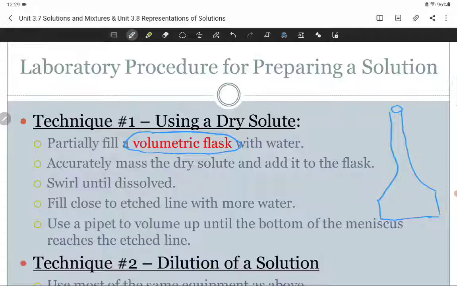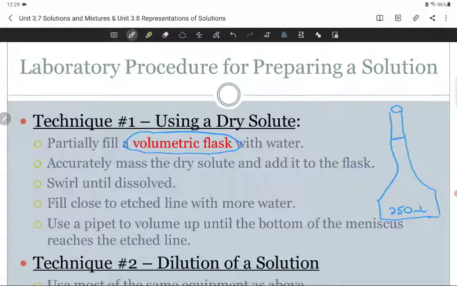And it's always labeled with an amount. I think our last question was 250 milliliters. So this volumetric flask is only good for measuring 250 milliliters of liquid. And it'll have an etched line somewhere on the neck.